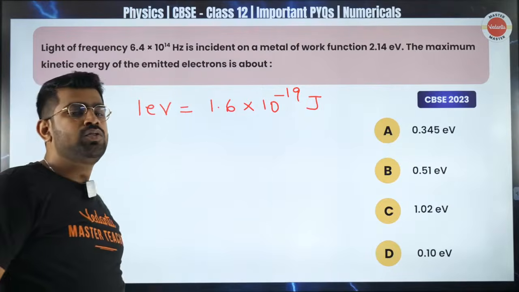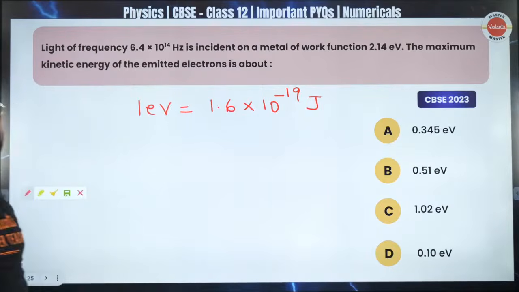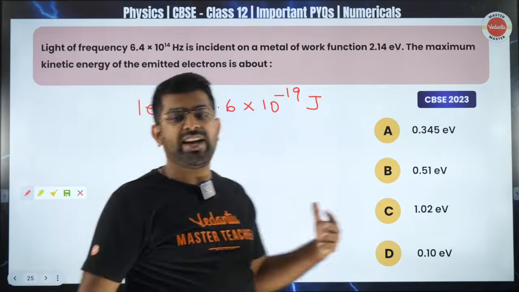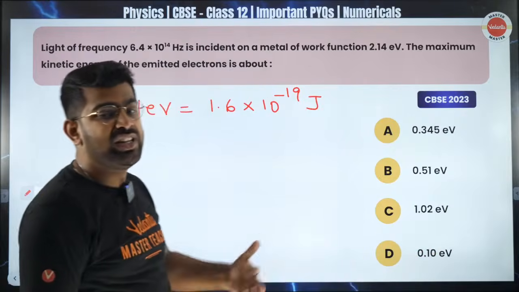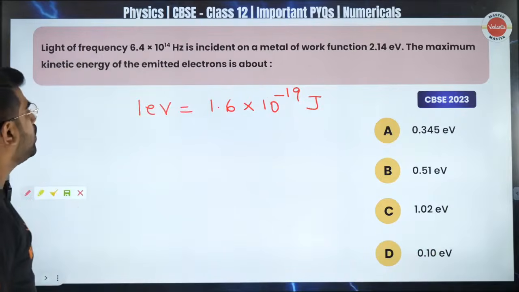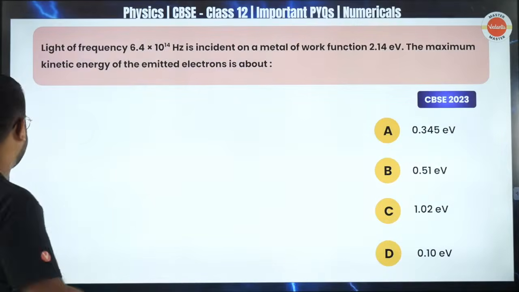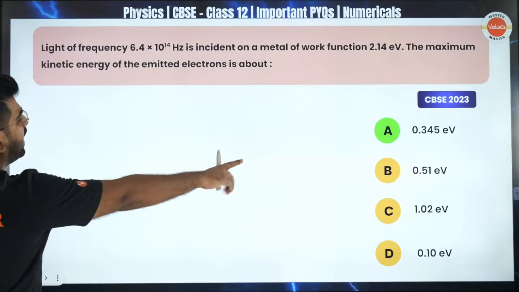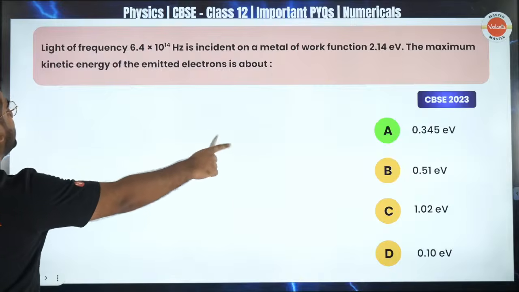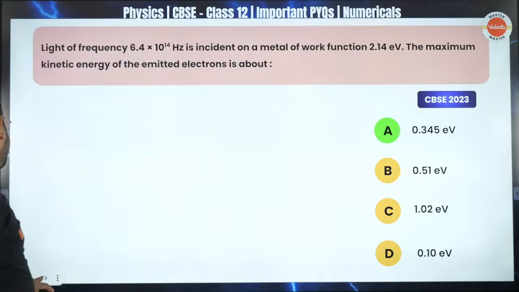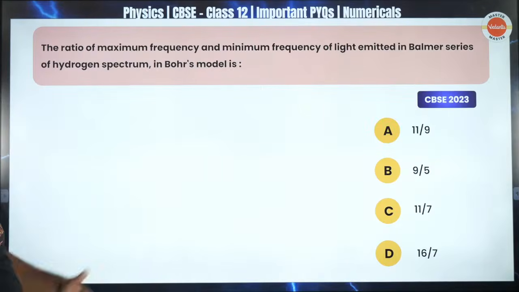So joules to electron volt, you have to divide by 1.6 into 10 to the power minus 19. That is what will give you electron volt. So this is a conversion. Please note it down. It's a very straightforward formula. The answer is B, not A. Please change it, that was a calculation mistake. B is correct. Next one.